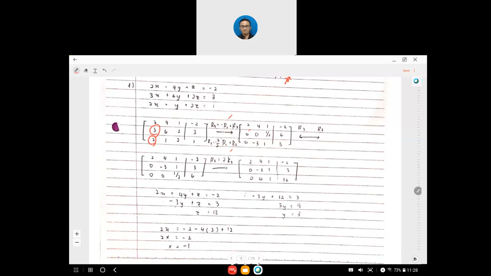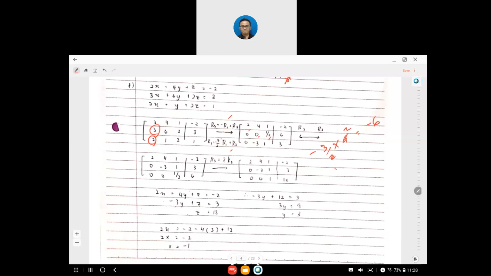Negative 3 over 2 times 4, you can get negative 6 plus 6, so you get 0. And that one, negative 3 over 2 plus 2, so you can get 1 over 2.